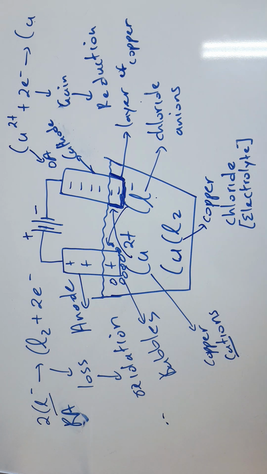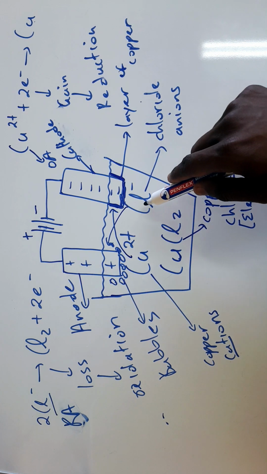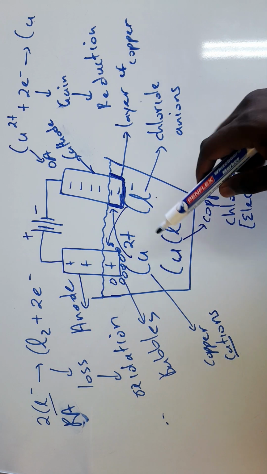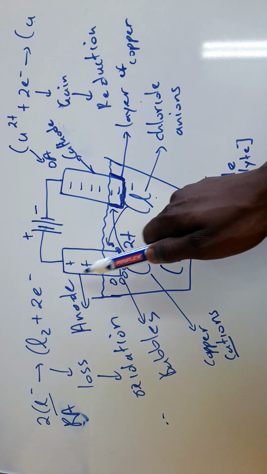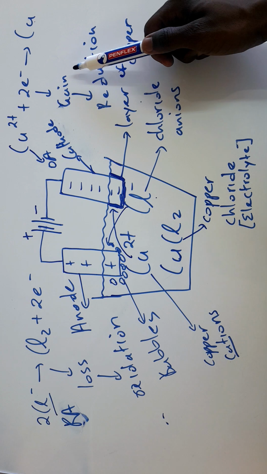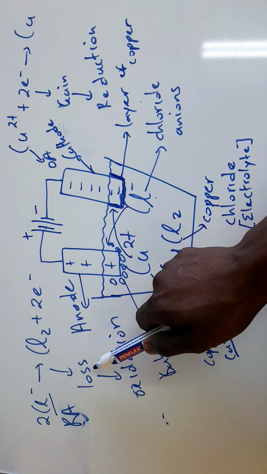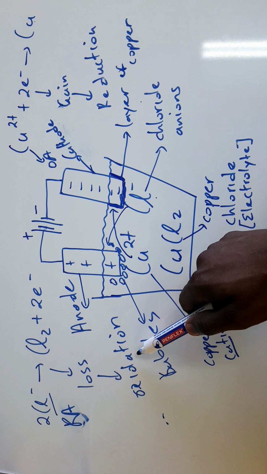Okay, we can also look at them by comparison. Cations are attracted to this electrode, anions are attracted to this electrode. So let's compare: negative electrode, positive electrode, cathode, anode. What occurs at the cathode is the gaining of electrons, and what occurs at the anode is the loss of electrons. Gaining of electrons is reduction, loss of electrons is oxidation.